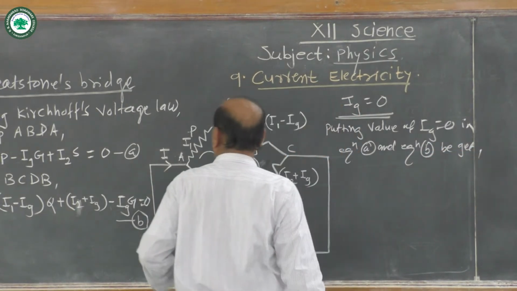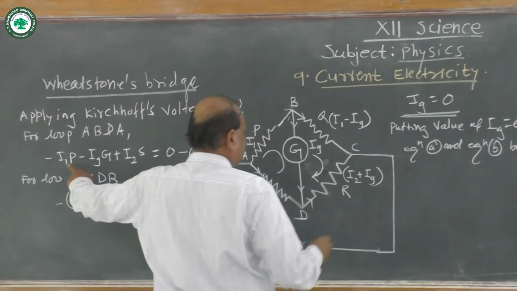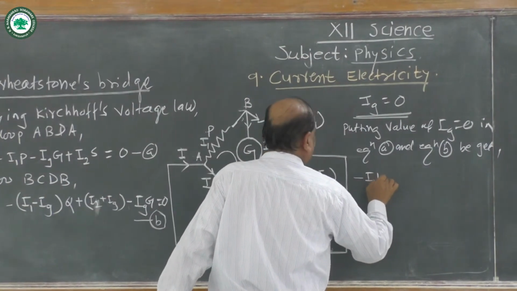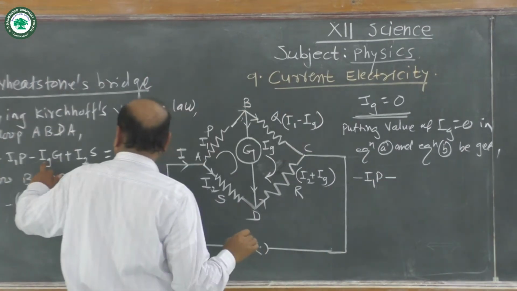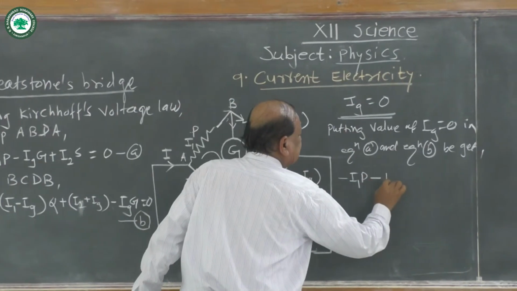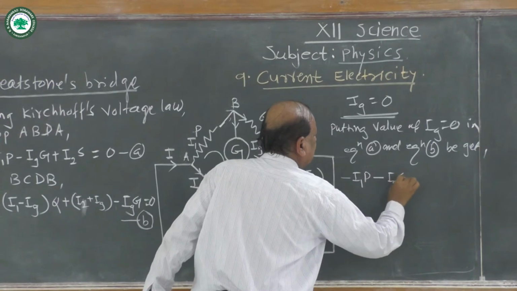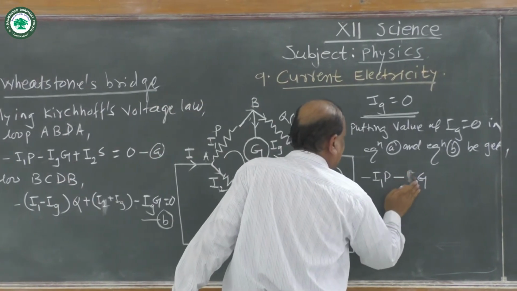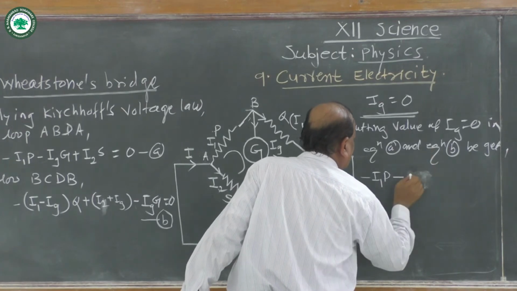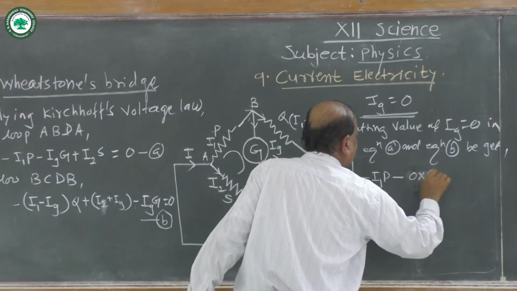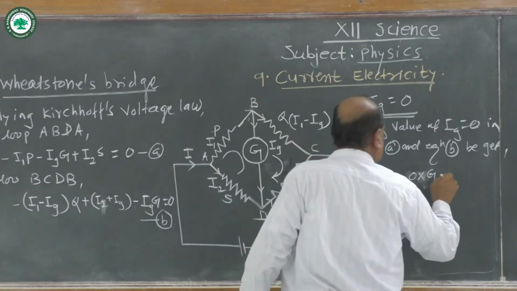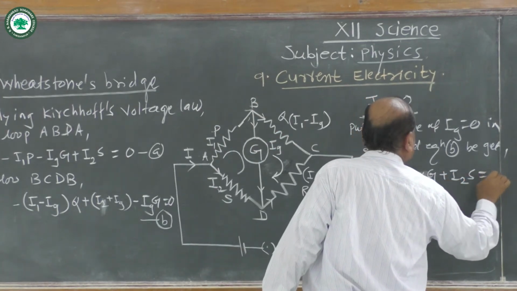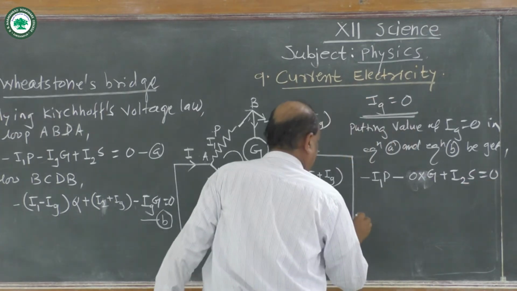What is equation A? It will be minus I1P minus Ig into G plus I2S is equal to 0.